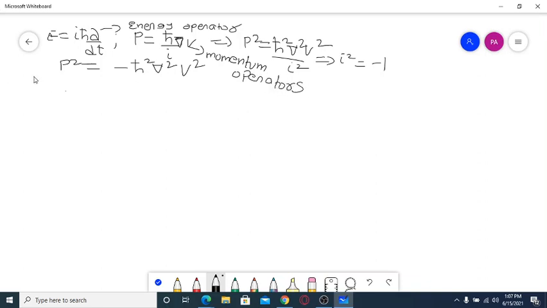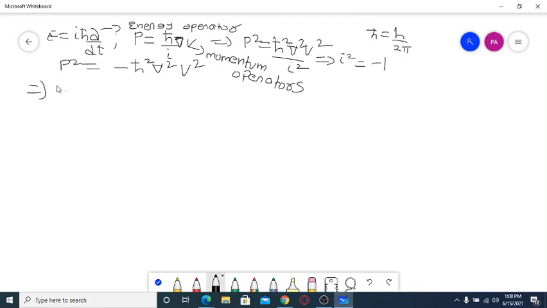What is an operator? An operator is a measuring device of the quantity. So i h bar ∂/∂t is the measuring device for the energy, and for momentum, minus h bar square ∇ square. And h bar is nothing but h by 2 pi, where h is the Planck constant. Clear, everybody?